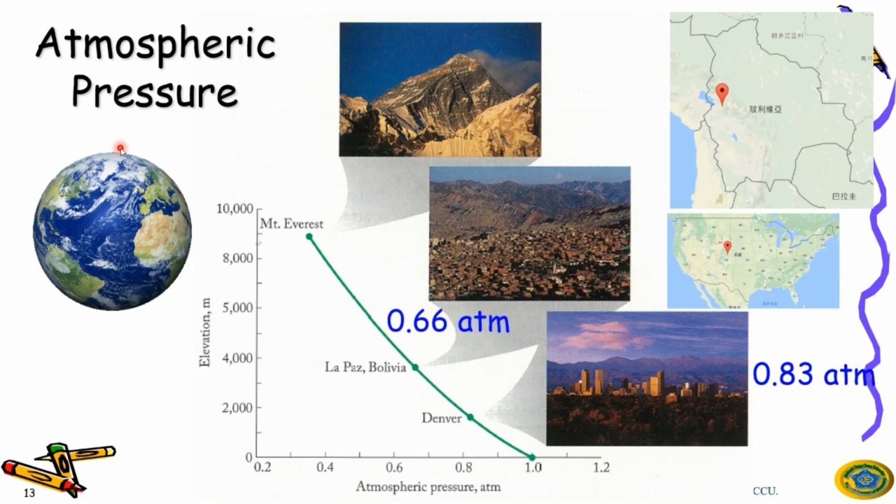And once you go up higher and higher, like Bolivia, even higher, so pressure is less. It's 0.66 atm. Even if you go further, that'll be 0.35 atm. Until you go up to space, pressure is zero. Well, I shouldn't say absolutely zero. It reaches zero.